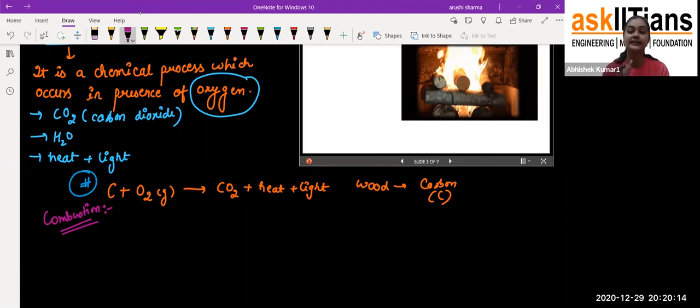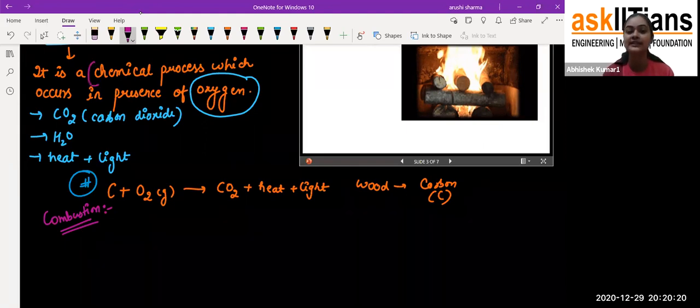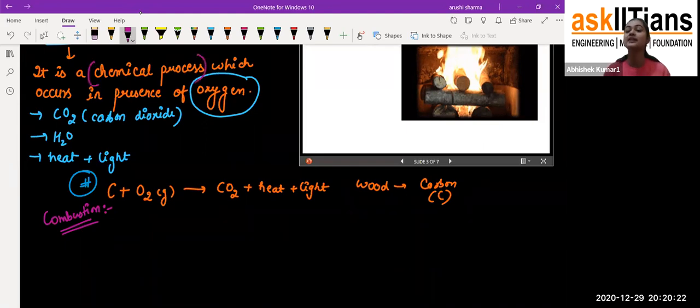That means if there is no oxygen, there will be no combustion. Now the other important word is chemical process. Chemical process, student, is a type of process which is irreversible.